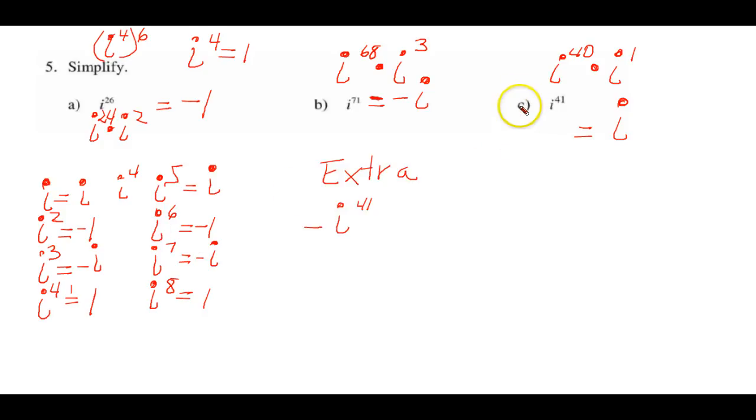Now a twist to letter C would be something like this. So you might say, how do I do that? Well, I would do this part first, which we know is i, and then I would apply the negative sign. So this is equal to negative i.